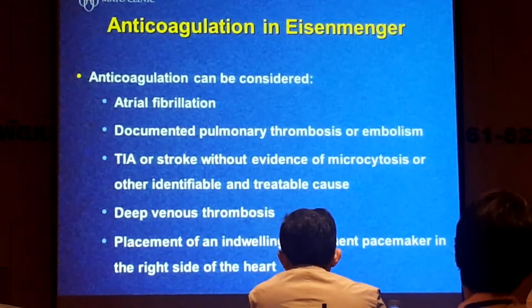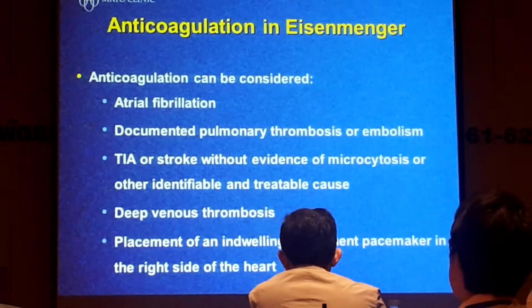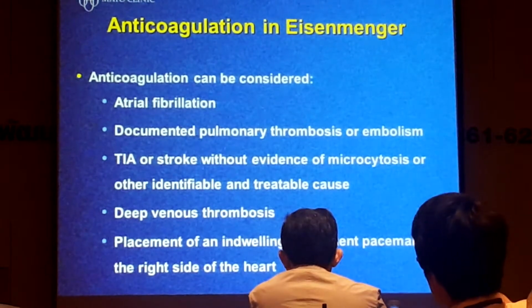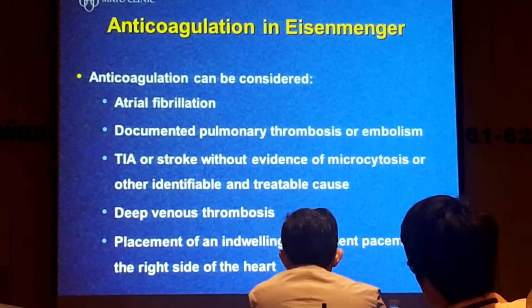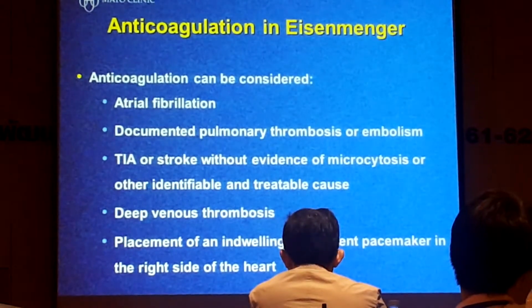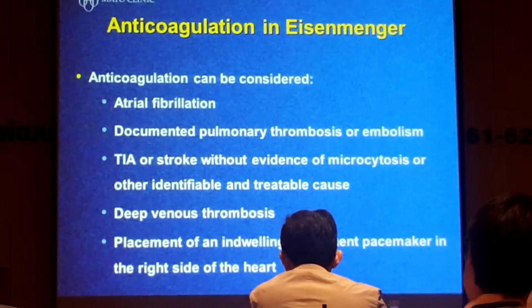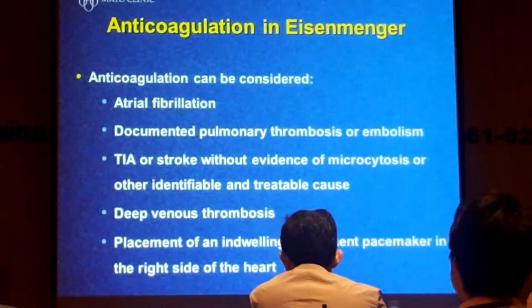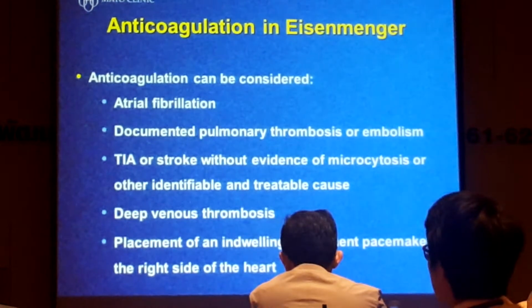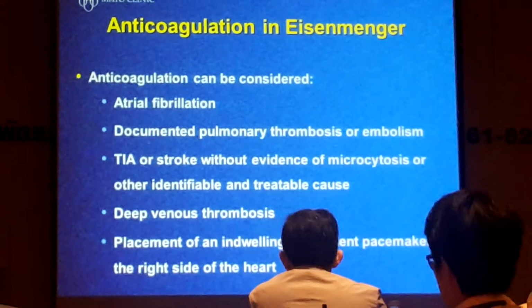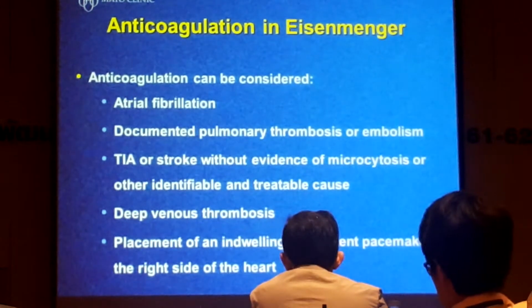If you have repeated DVTs, because of the risk of paradoxical embolism with the right to left shunt, you treat with anticoagulation. Or if you place an indwelling catheter or pacemaker with a residual shunt. That's why we don't put an endocardial pacemaker lead in these patients. We put a subcutaneous or epicardial pacemaker.